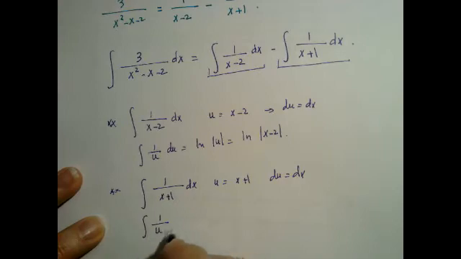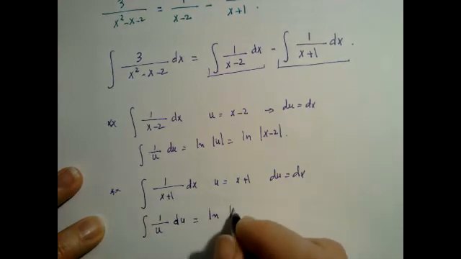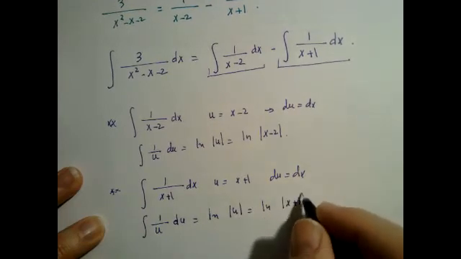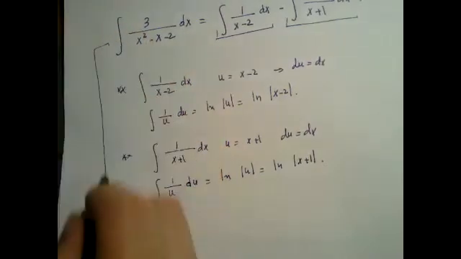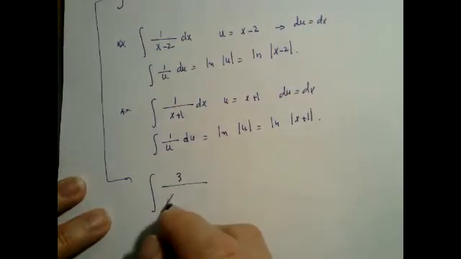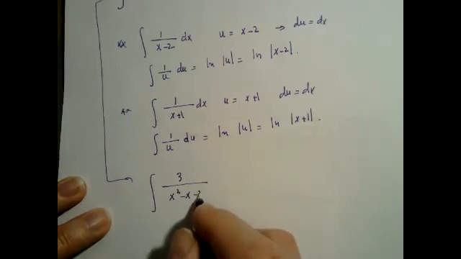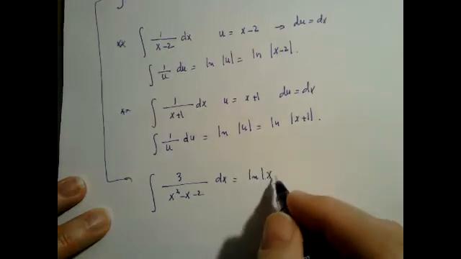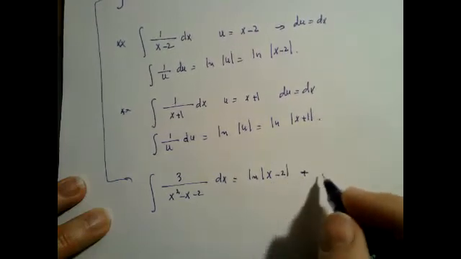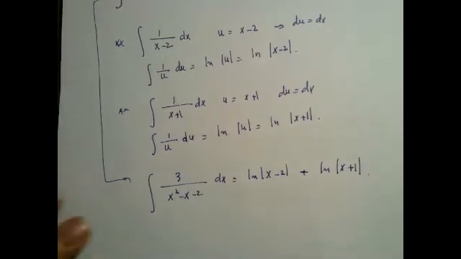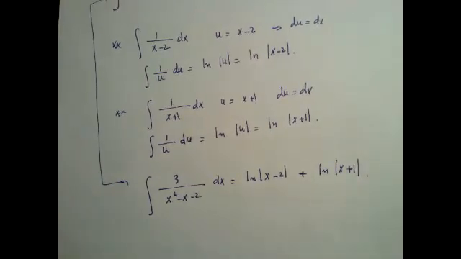Here I am lucky that the du is the same thing as dx. We don't have to have that. ln of u, ln of x plus 1. And so finally, my antiderivative is ln of x minus 2 minus ln of x plus 1, and that's the end of the problem.